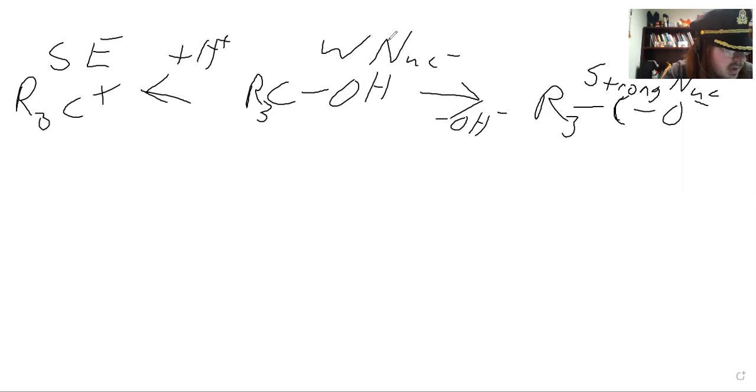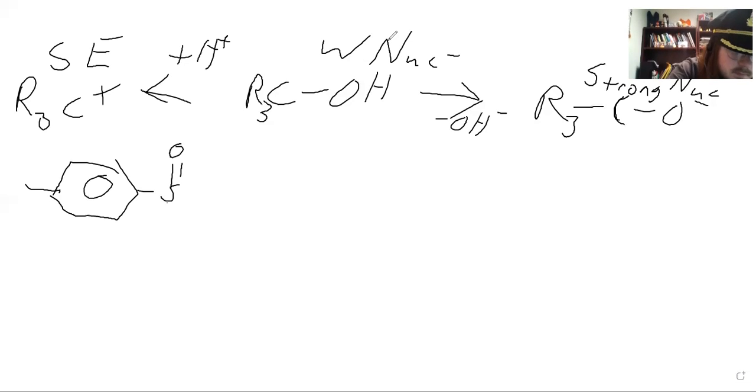Well, we can lose this by making the alcohol into a really good leaving group, which is with a tosyl. What is a tosyl? A tosyl group is essentially a toluene sulfonyl. Toluene sulfonic acid is a pretty strong organic acid that you can use.